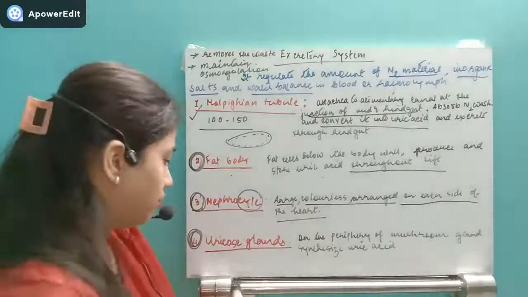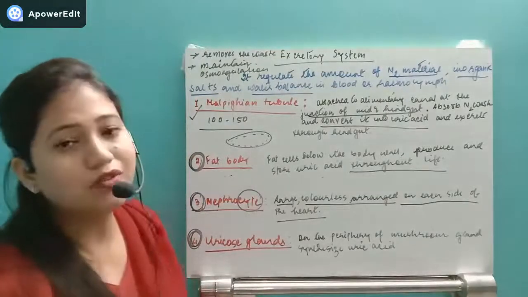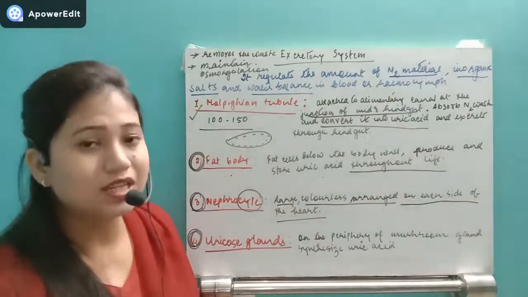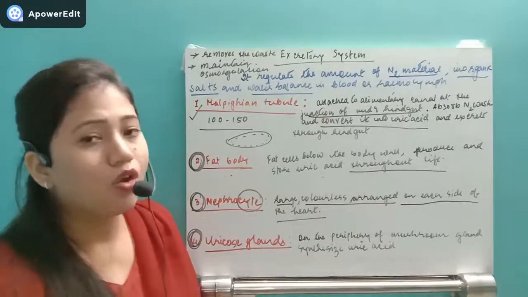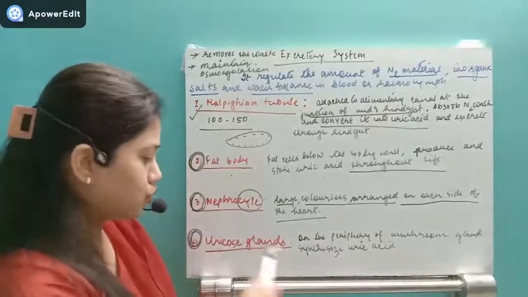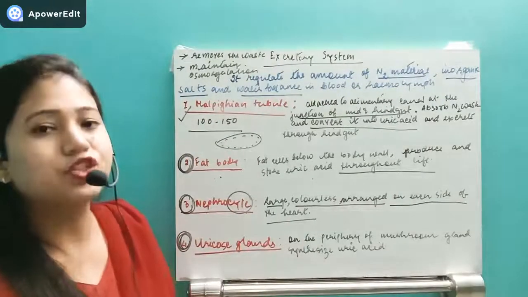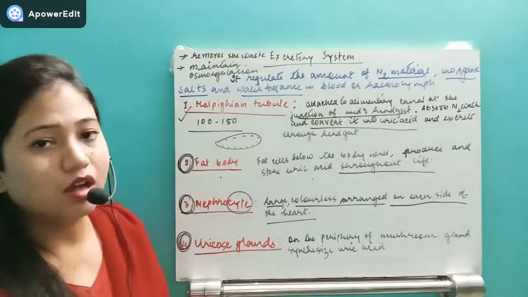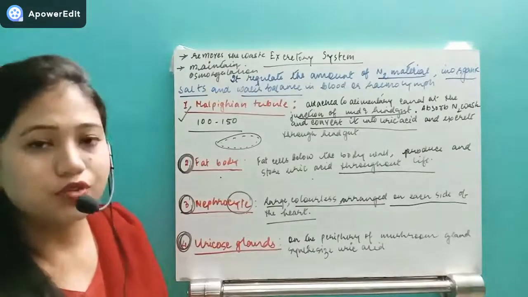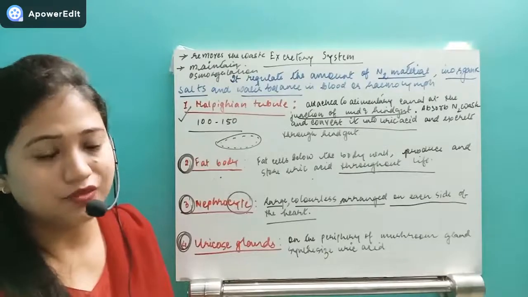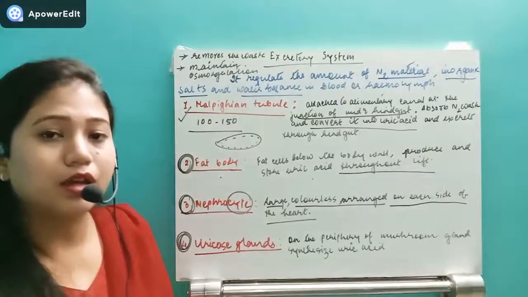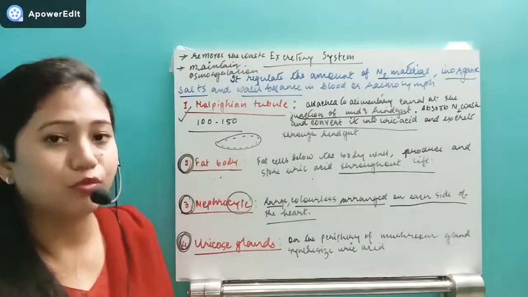This mushroom gland is one male reproductive organ that is present in the male cockroach. On the wall of this mushroom gland, the uricose gland, which is present just behind the mushroom gland, synthesizes the uric acid from the nitrogenous waste product, that is ammonia.